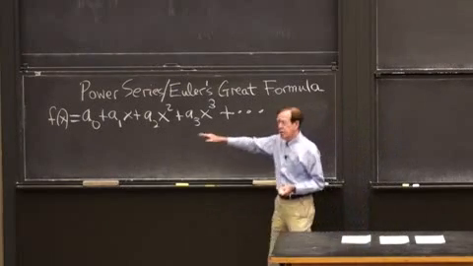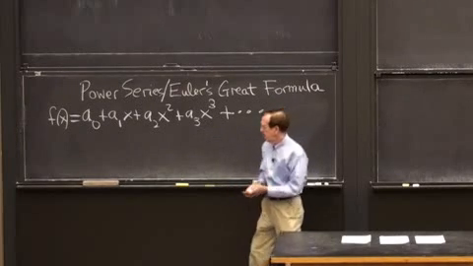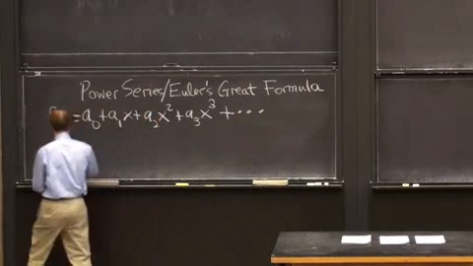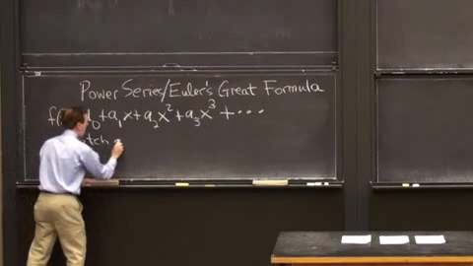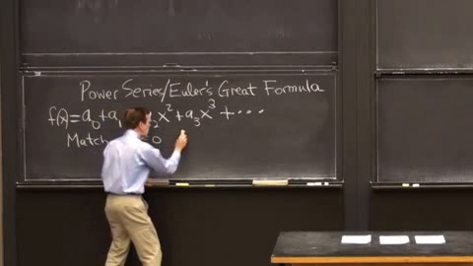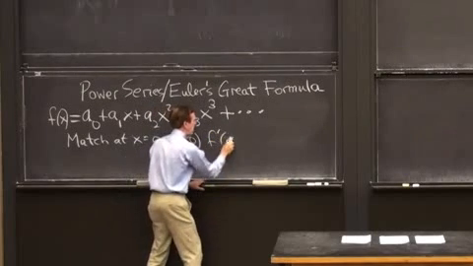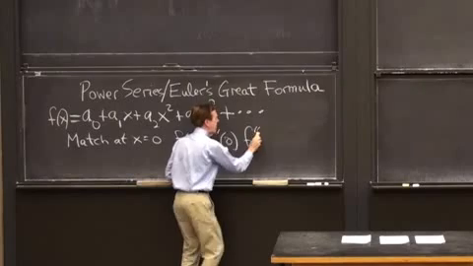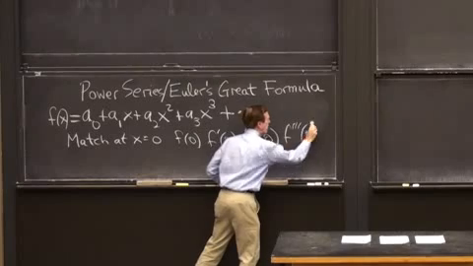I'm going to choose those a's so as to match, let me put these words down, I'll match at x equals 0 the function, its derivative, its next derivative, its third derivative, and onwards.